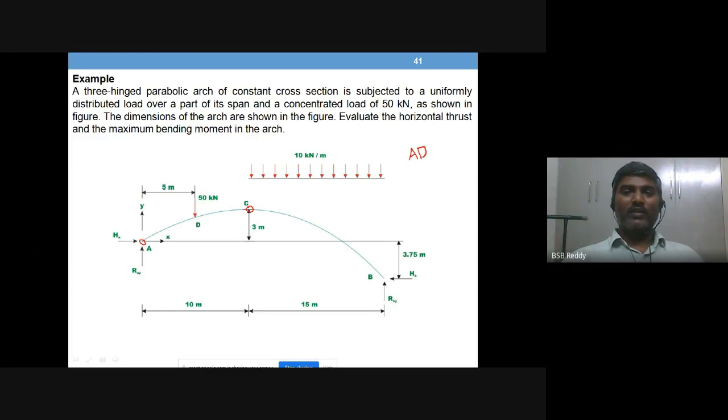Portion AD is one region where you can have a single moment equation, and also portion DC where you need one more moment equation, Mx. Because you have a point load at D, you cannot use a single moment equation for portion AC.